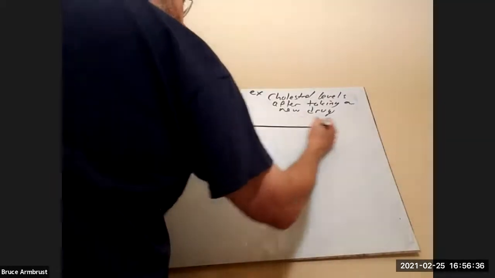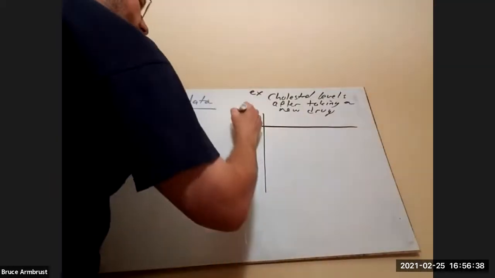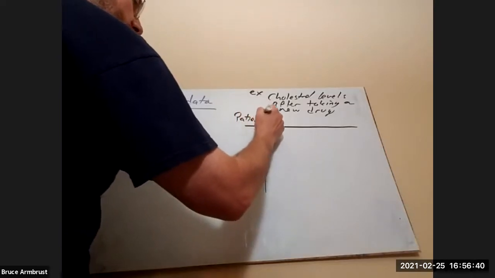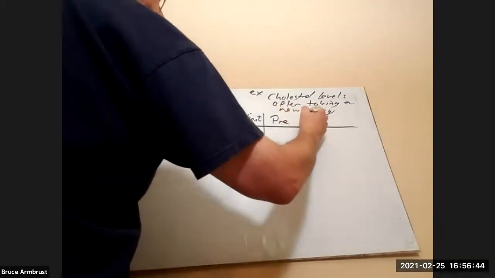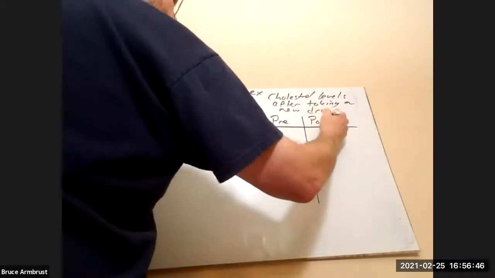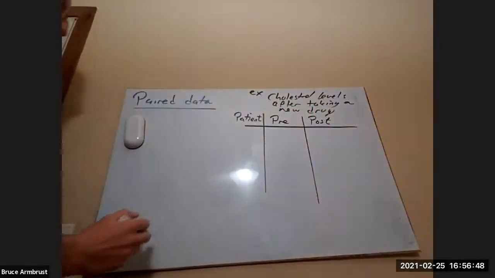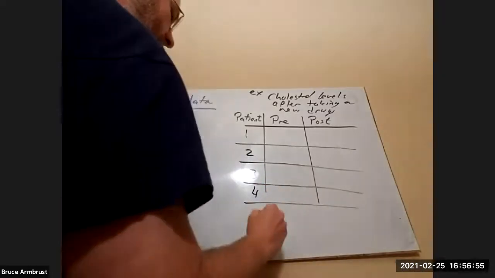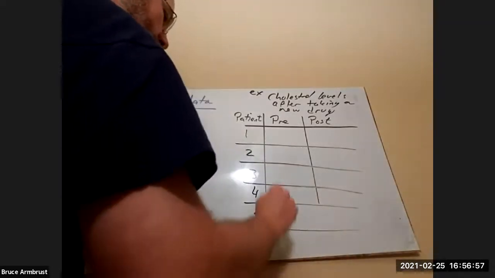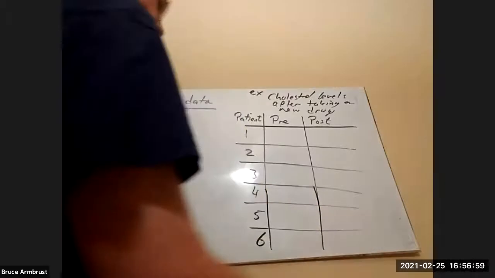All right, so this first column is going to be the patient. This is going to be their pre-level and their post-drug level. Okay, so we've got patients, we're just going to number them 1 through 6. Because we do have HIPAA privacy stuff.